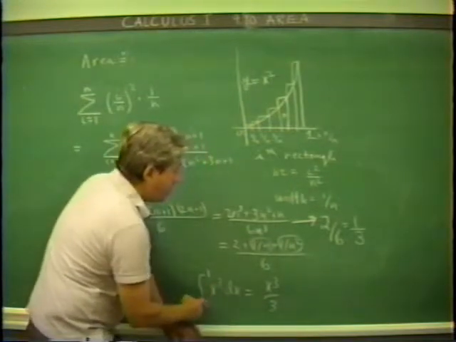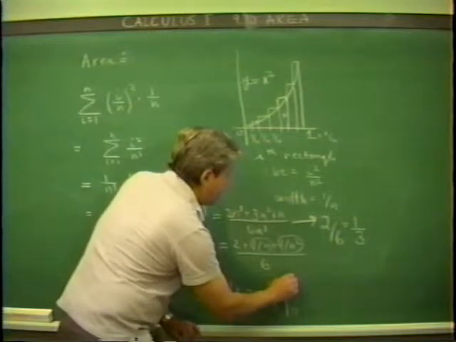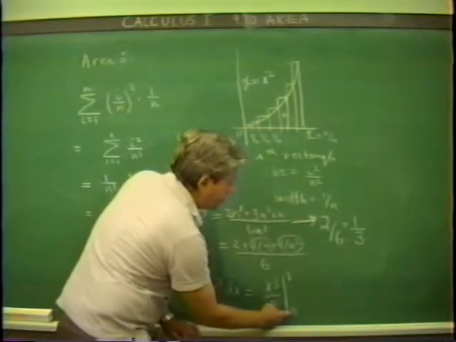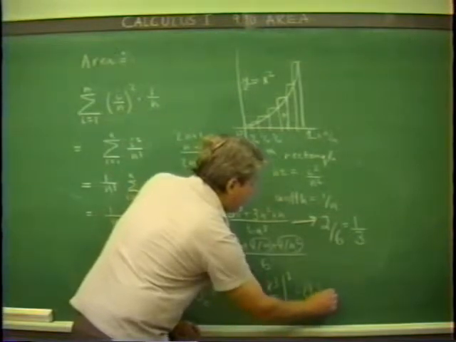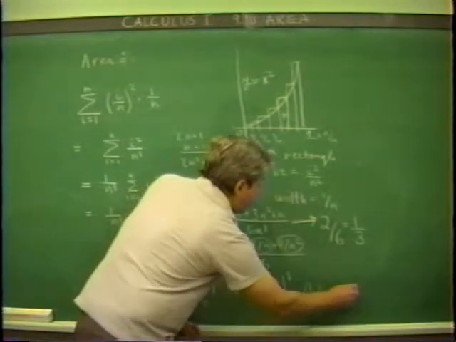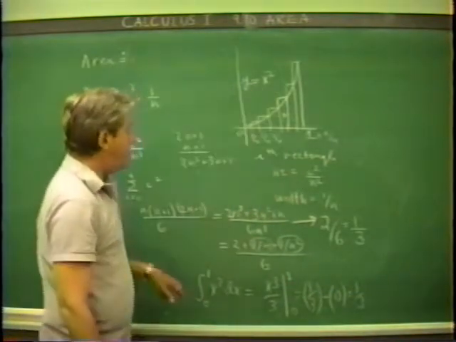It's written as the integral from 0 to 1, and to do that we wish to evaluate this at 1 and then subtract the value at 0. That's abbreviated by putting a 0 down here and a 1 up here. This means take the value at 1 and subtract the value at 0. So this is going to be equal to a third minus 0, or a third.